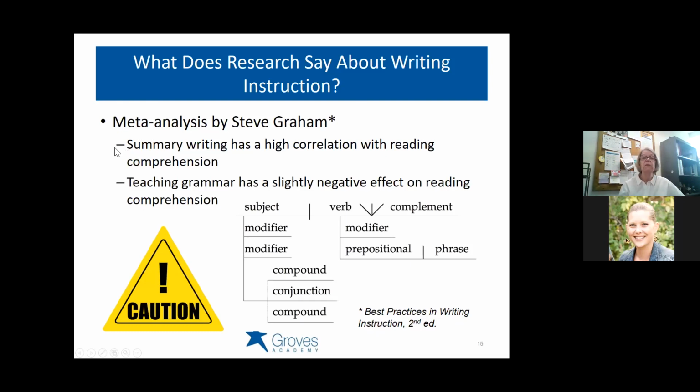What he's found is that summary writing has a high correlation with reading comprehension. So being able to summarize a piece of reading, a text passage, for example, is an important ability as far as showing that the student understood the passage.